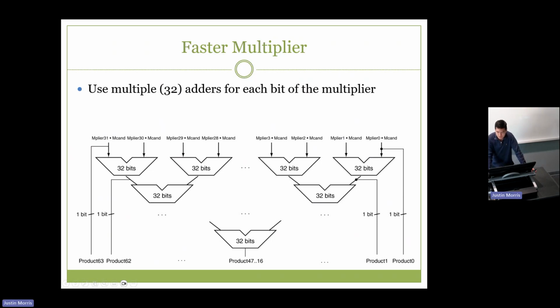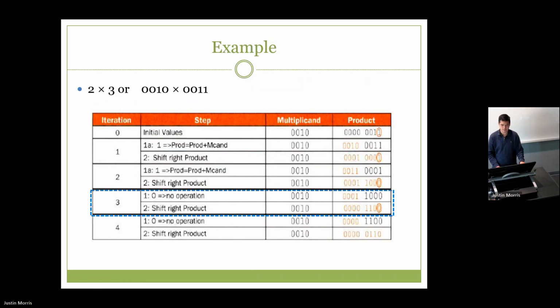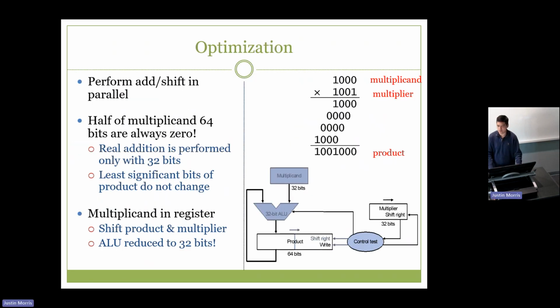And that's going to give us that 32-bit result. And we now have this tree of adders in order to get our 64-bit product. So this is just adding the lower bits, and then these are adding the upper bits. So it's just doing all of the multiplications at the very beginning, and then using the tree of adders to perform this addition.